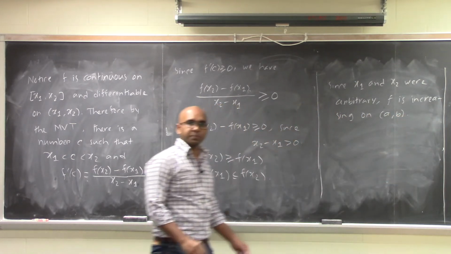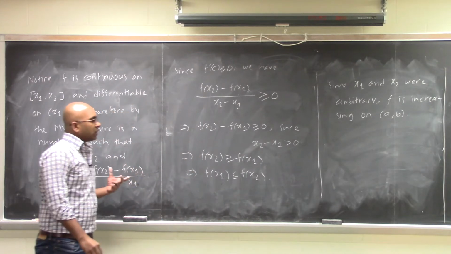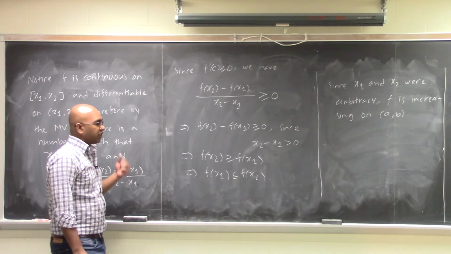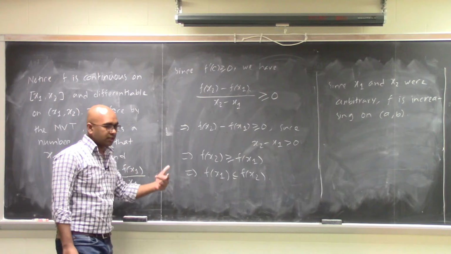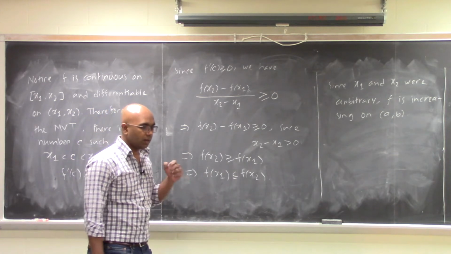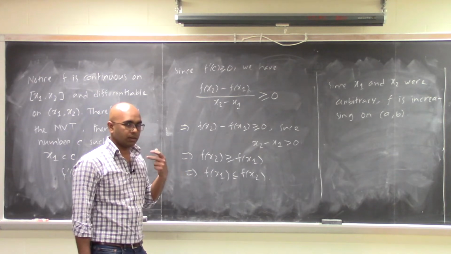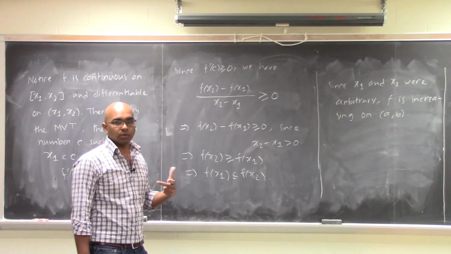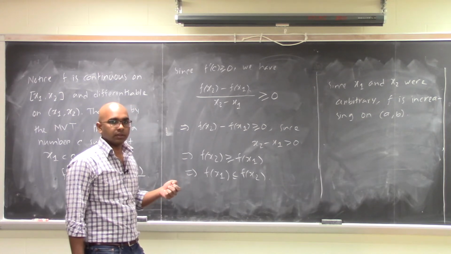There you go. So now we have this criterion that a function is increasing on an open interval if and only if its derivative is bigger or equal to 0 for every point in that interval. Okay.